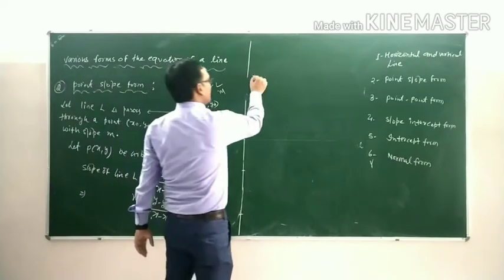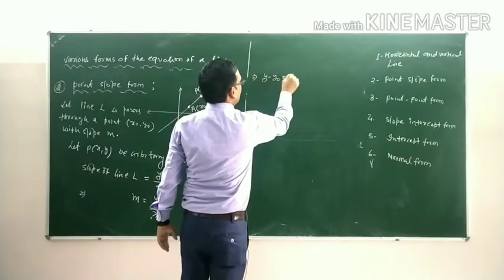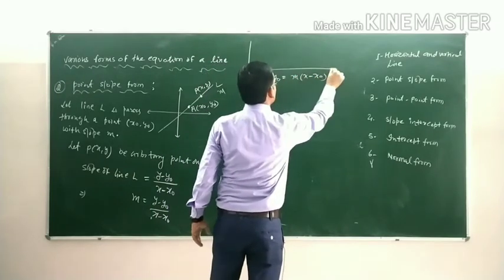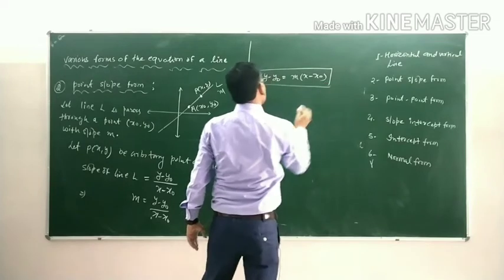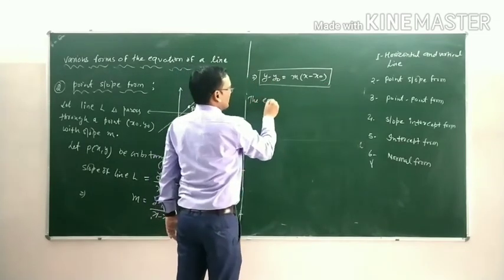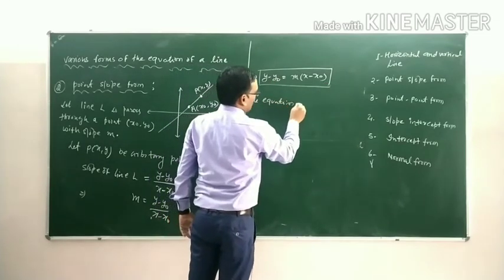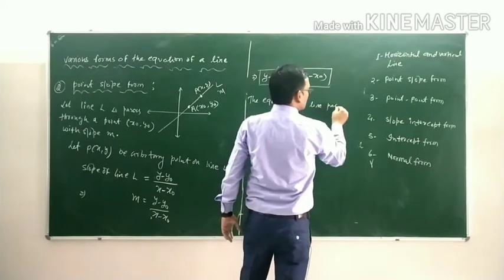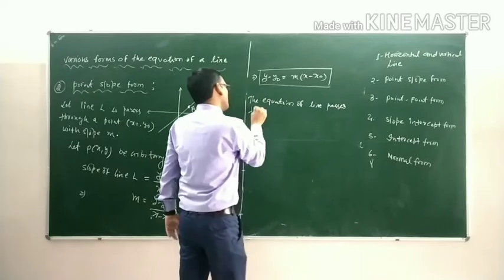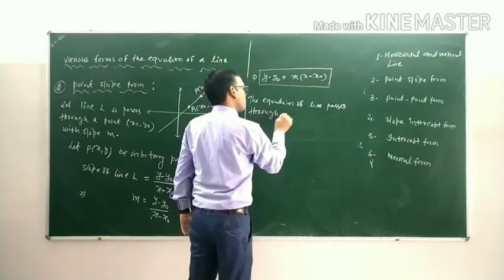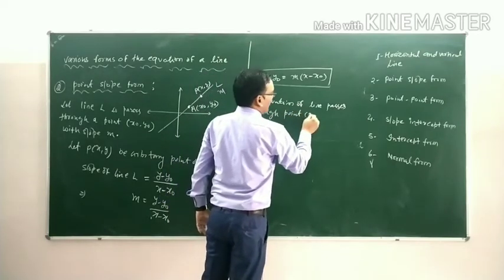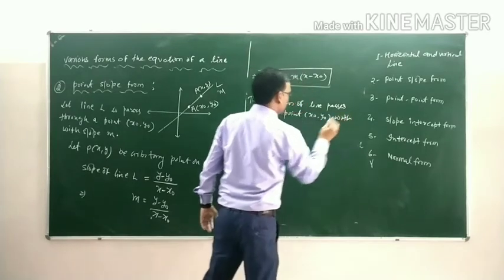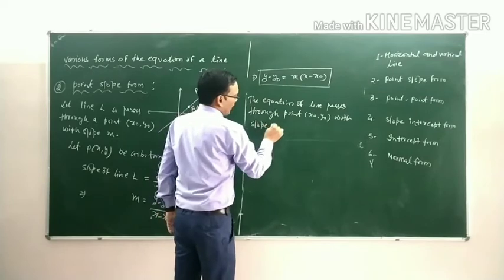This implies that y minus y0 equal to m into x minus x0, which is the equation of a line passing through point x0 comma y0 with slope m.